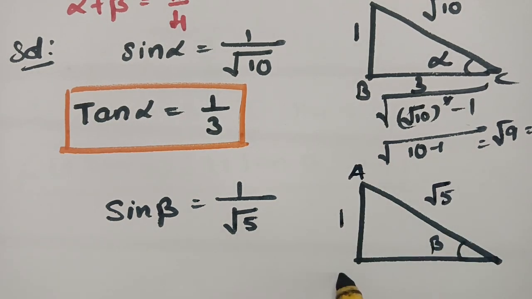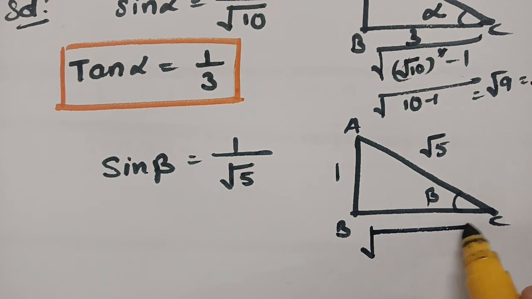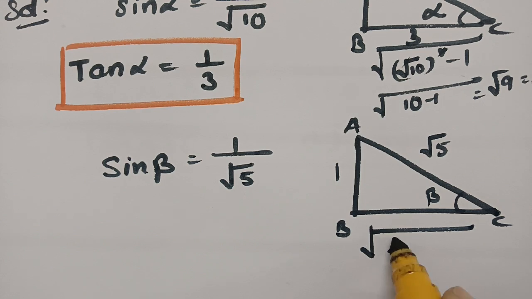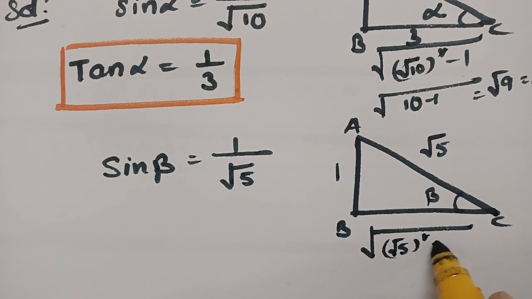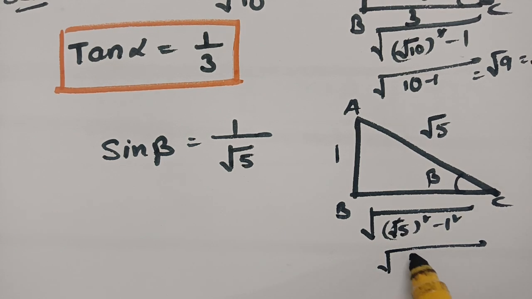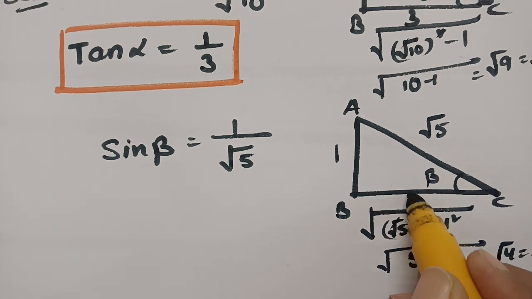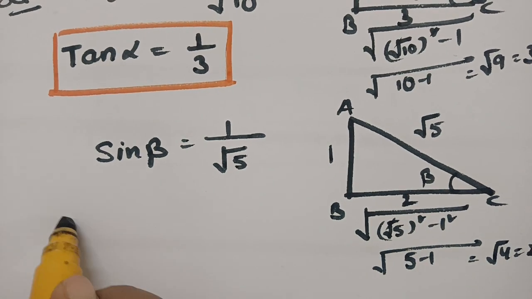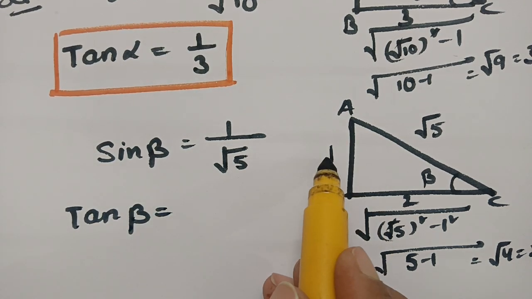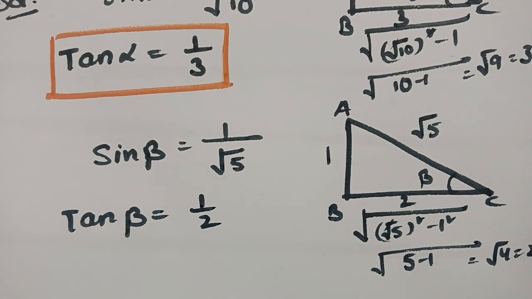So this is again A, B, C. For the adjacent side, according to the Pythagoras theorem, this will be AC square minus AB square, that is root of 5 minus 1. So this will be root 4, the value here is 2. Then what will be the tan beta? Tan beta value is nothing but opposite side by adjacent side. So the value here is 1 by 2.